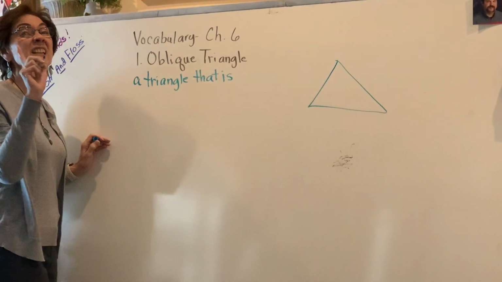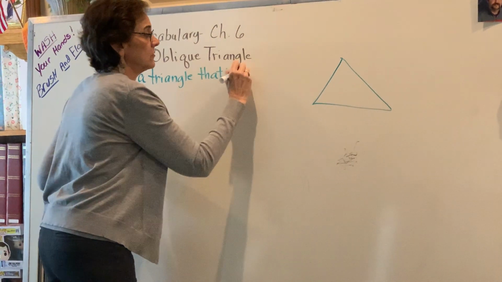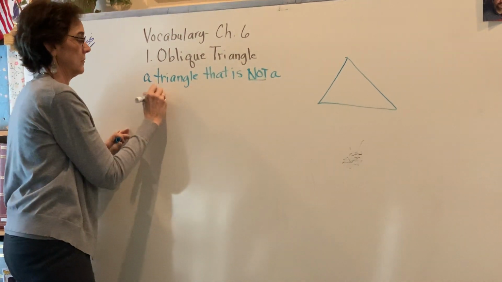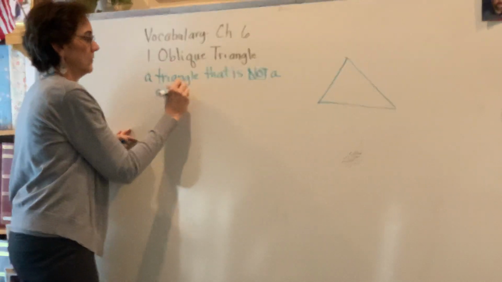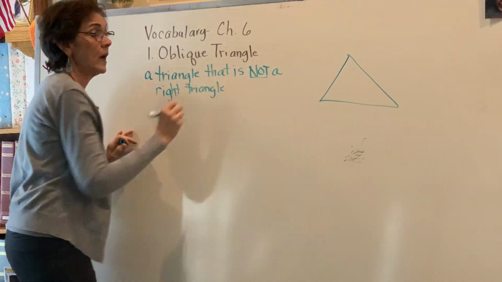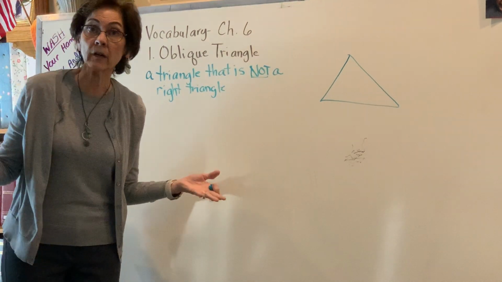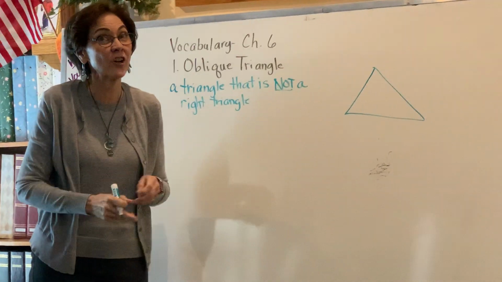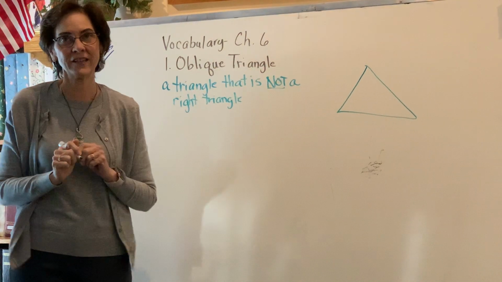A triangle that is not a right triangle. So far, we have used trigonometry to solve right triangles. Well, guess what? We can use trigonometry to solve oblique triangles.